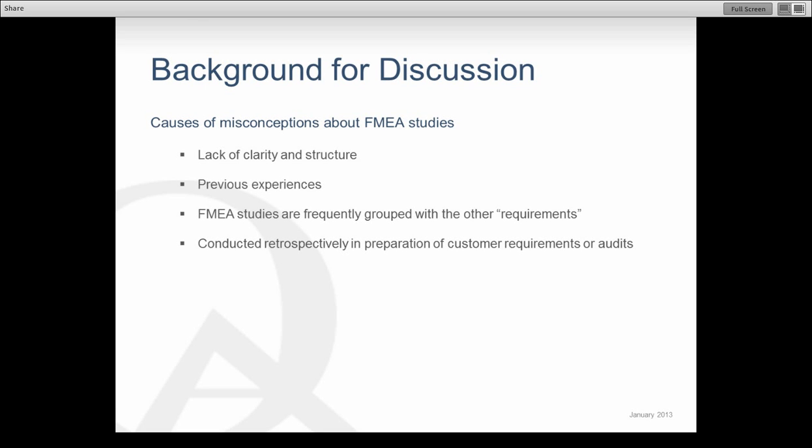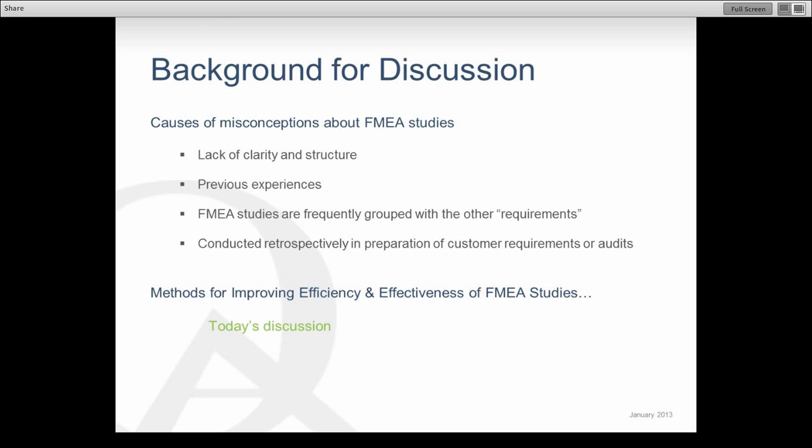When we do conduct FMEAs retrospectively like that, they're really not productive, in the sense that they really only highlight the problems that we've faced, and it can be not very good for morale as well, as not being used for what FMEAs are intended for in terms of preventing failures and getting us to market sooner.